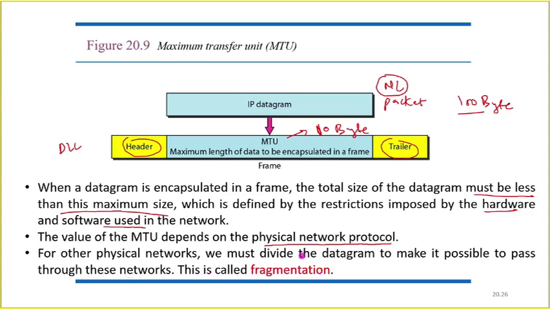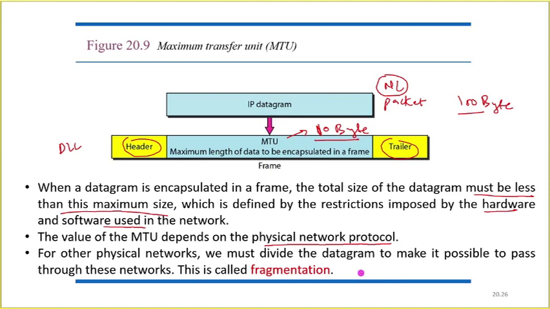Same thing: we want to pass this 100 byte data, but it can accommodate only 10 bytes, so we need to divide the 100 bytes into smaller pieces that can be accommodated by the MTU value of a particular physical network. This is the role of fragmentation.